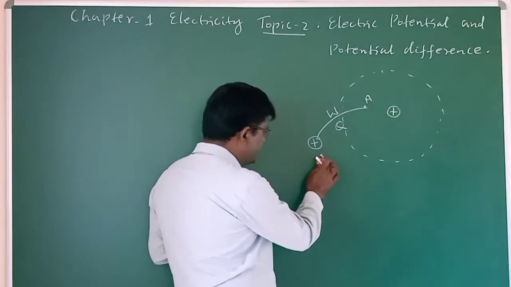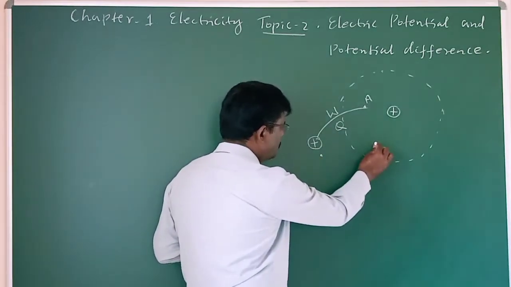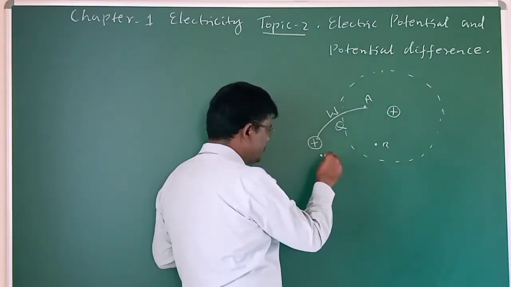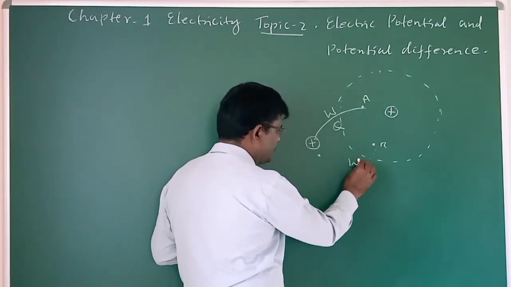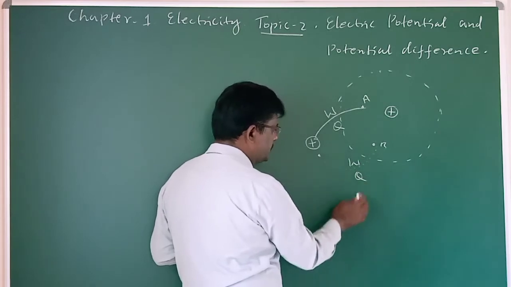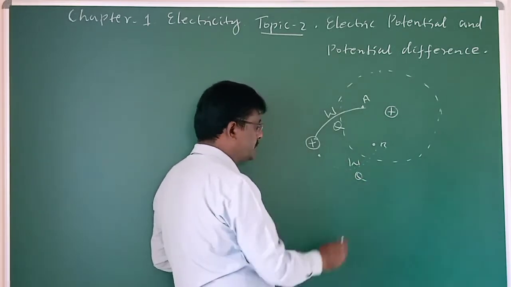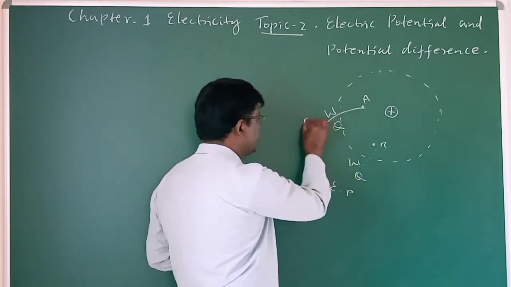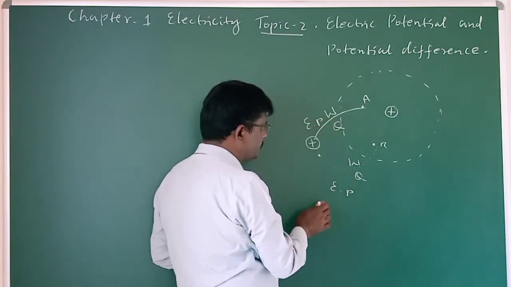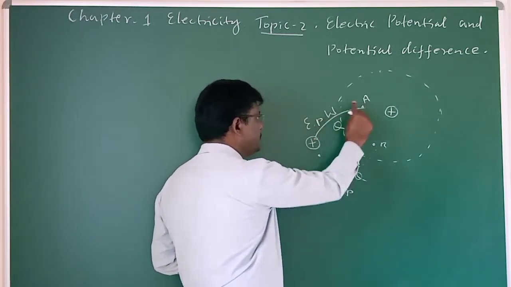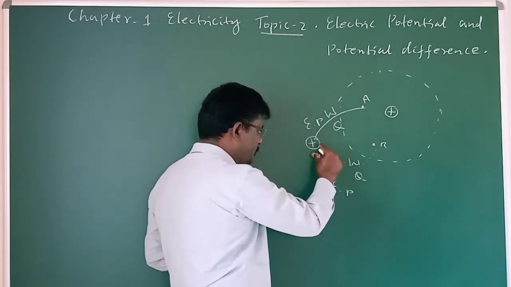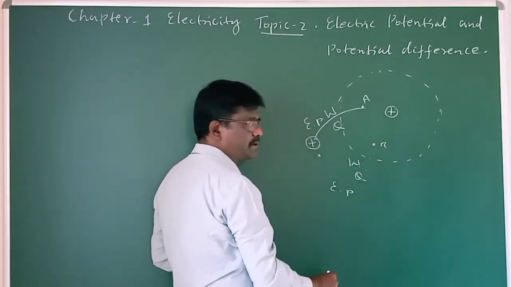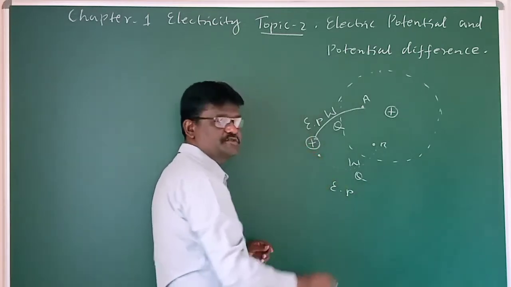Let us take from this infinity one more point B. Work has to be done in moving the charge. That work done, we say electric potential. So from infinity to this point, in order to make the displacement of the charge, work has to be done.